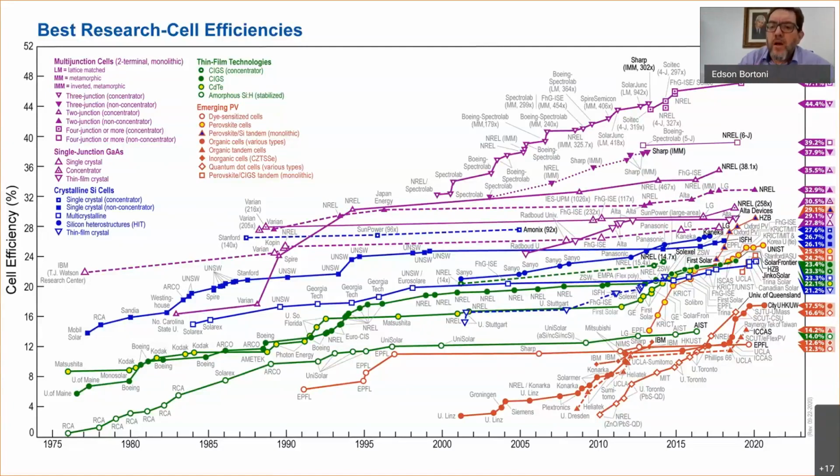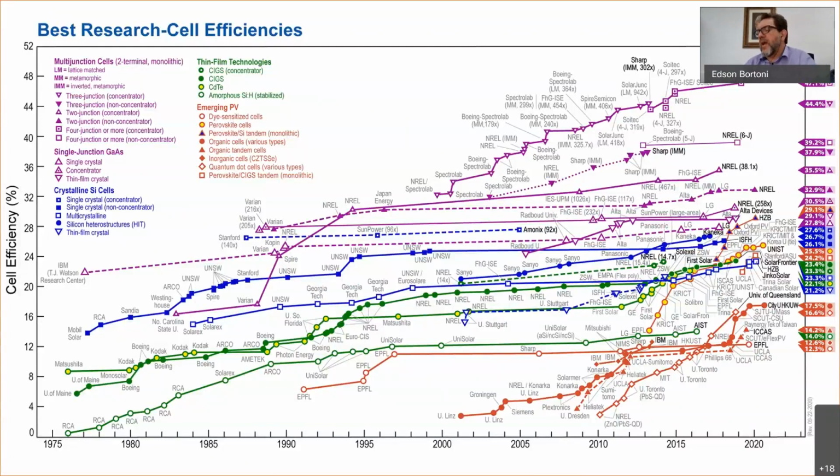On the other side, we have the cell with the lowest efficiency, a red circle, a dye sensitized cell, very low efficiency.